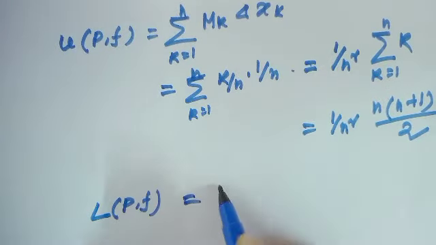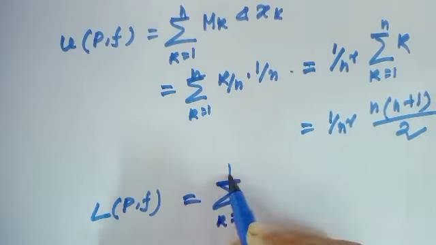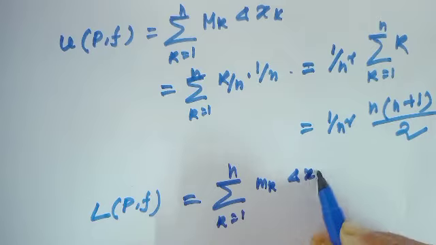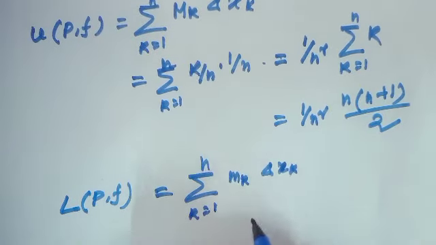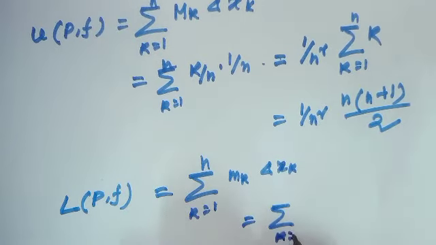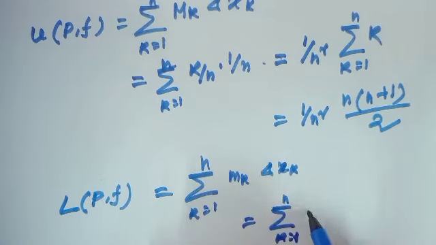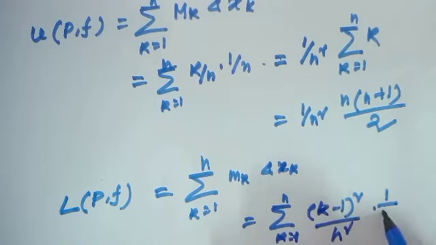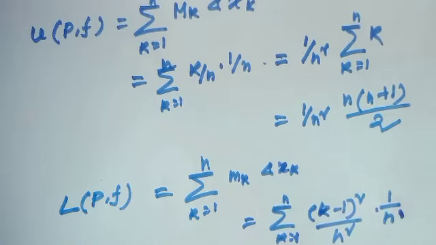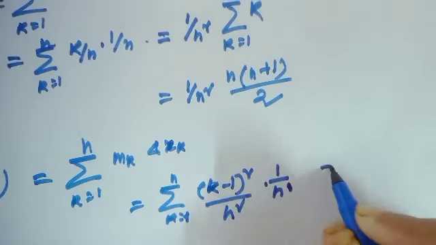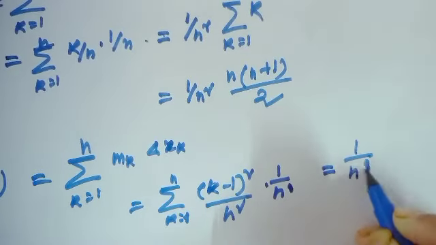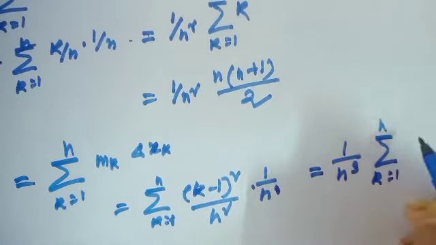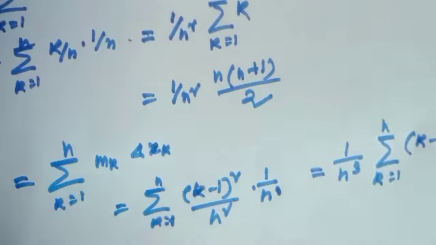The value of LPF would be the summation k equal to 1 to n of small mk times delta xk, and this value is actually equal to the summation k equal to 1 to n of (k minus 1) whole square over n square times 1 over n, which is equal to 1 over n cube times the summation k equal to 1 to n of (k minus 1) whole square.